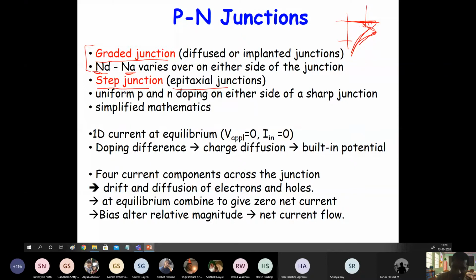So that step junction will have uniform N doping and P doping across the metallurgical junction. So the junction is sharp. Now, what we will do, first we will go through the step junction, right? Then we will extend the result to graded junctions also, because a step junction is mathematically easier to analyze.